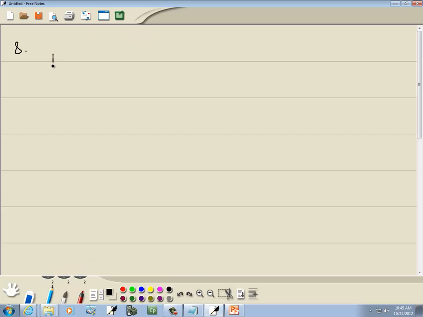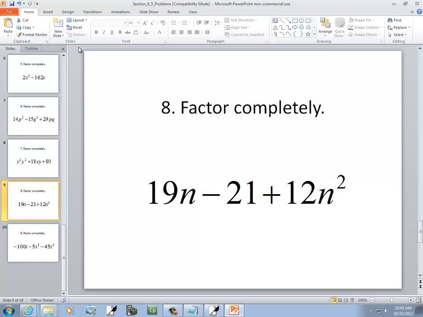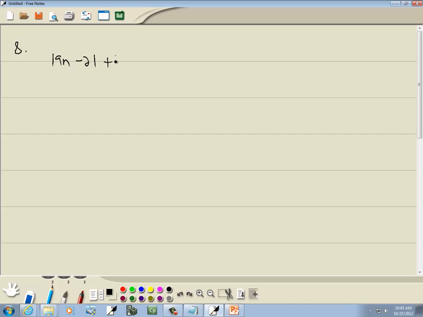So here we have 19n minus 21 plus 12n squared, and I want to factor this. And again, to factor, most of the time it's beneficial for you to put it into standard form. I would say all the time, but occasionally you have a grouping problem that isn't in standard form and it's already in the perfect shape to factor using that.